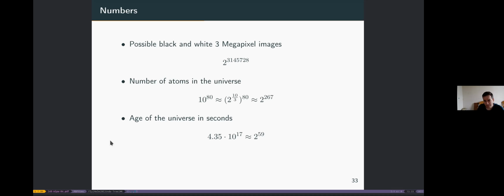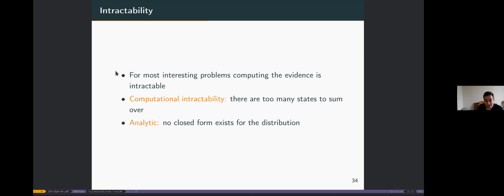So if you agree with me that writing a for loop over this number of elements is simply not possible, then this is something that is computationally intractable. So I've just given you 2 examples of very, very simple models where we directly ran into intractabilities.